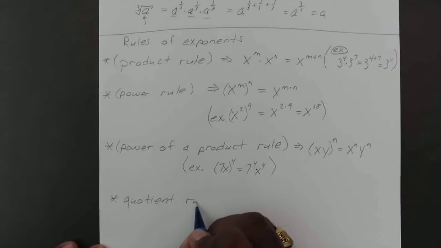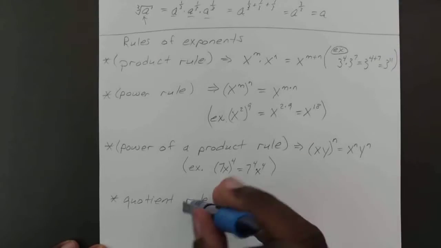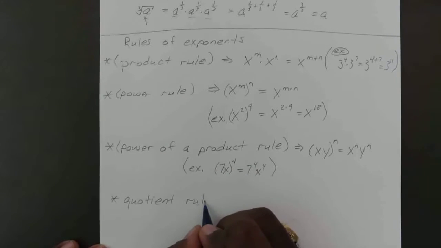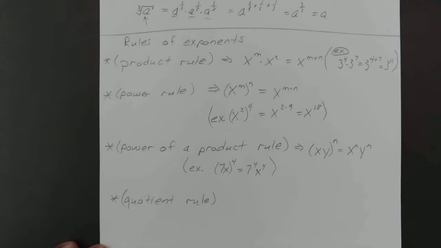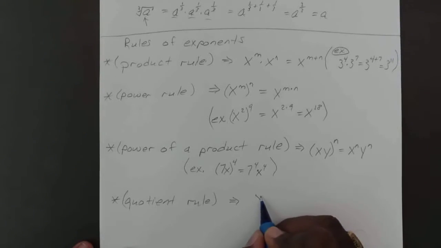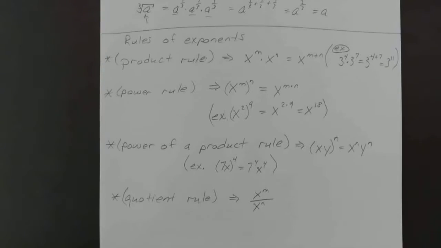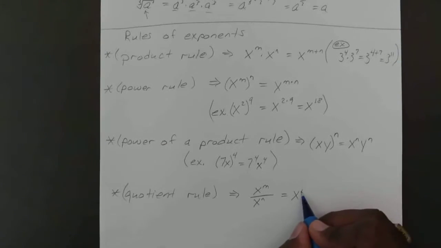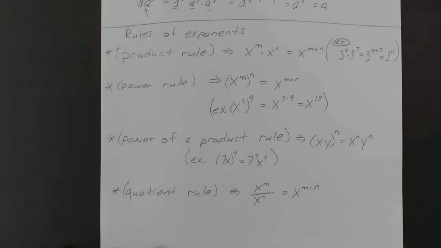Now you have your quotient rule. Okay. So your quotient rule just states, let's say if you have some x to the power of m divided by x to the power of n, then that's x to the m minus n.